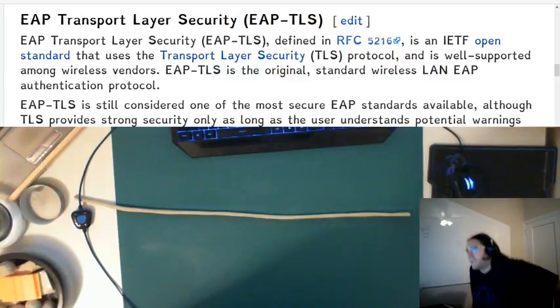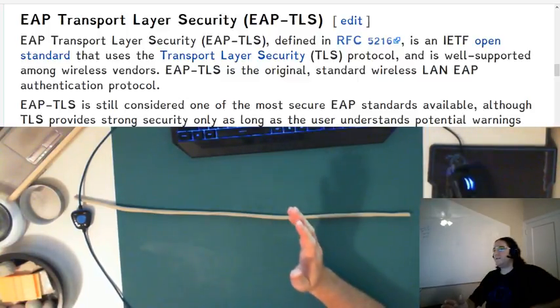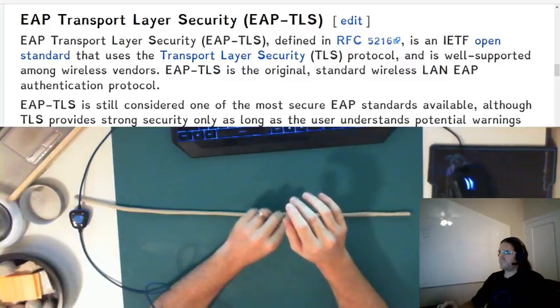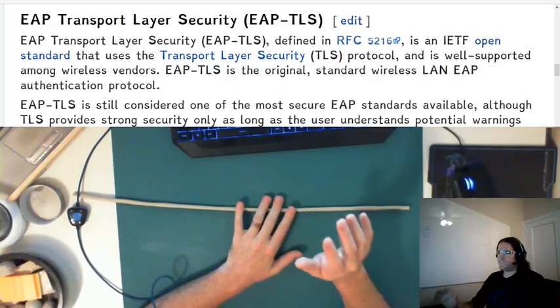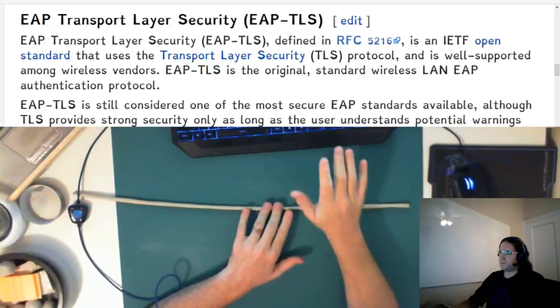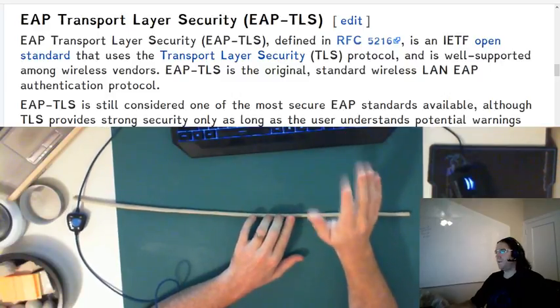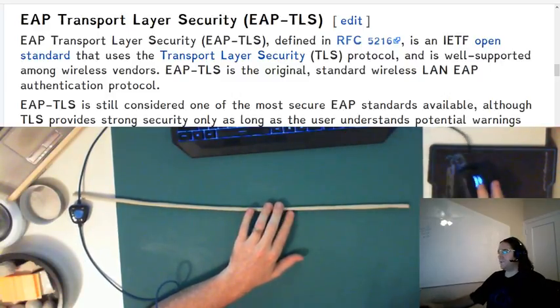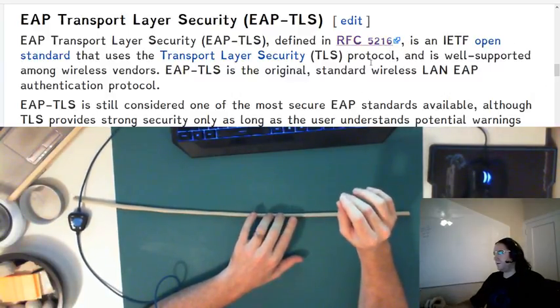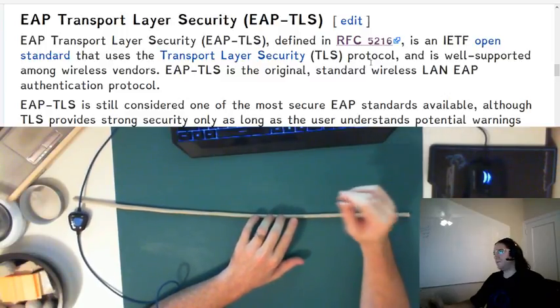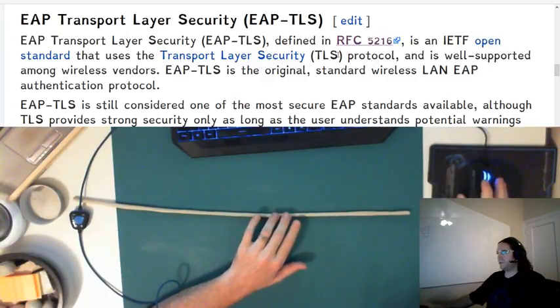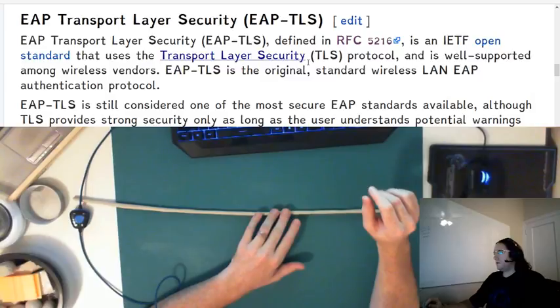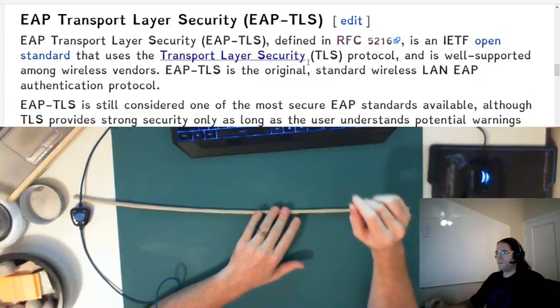Okay, where am I at? The EAP transport layer security. EAP Transport Layer Security, EAP-TLS, defined in RFC 5216, is an IETF open standard that uses the Transport Layer Security protocol and is well supported among wireless vendors.